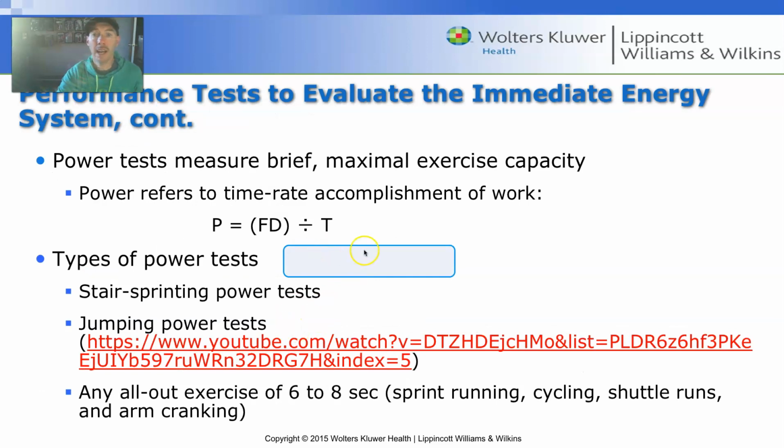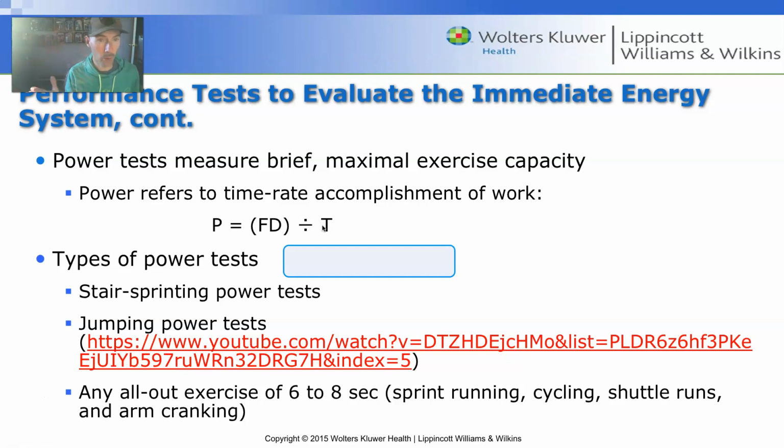So what we're really evaluating with immediate energy system tests is muscular power, okay? Power is defined as work accomplished or force development divided by time, okay? Somebody who's powerful can produce a lot of force in a short amount of time, okay?